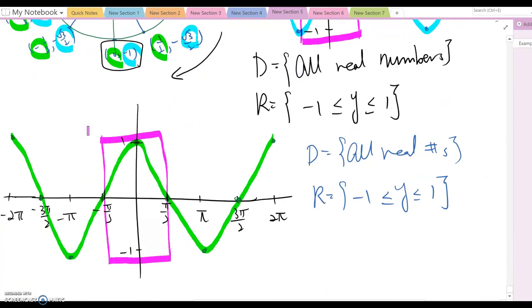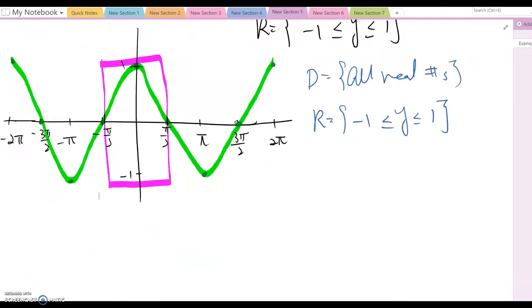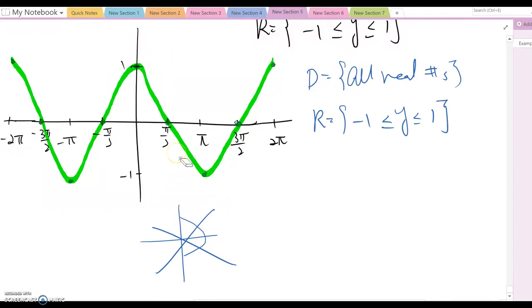When you switch that, the graph looks somehow like this, right? So it's not a function basically. So we cannot choose this range. So we have two choices here. You can choose maybe this one or this one.